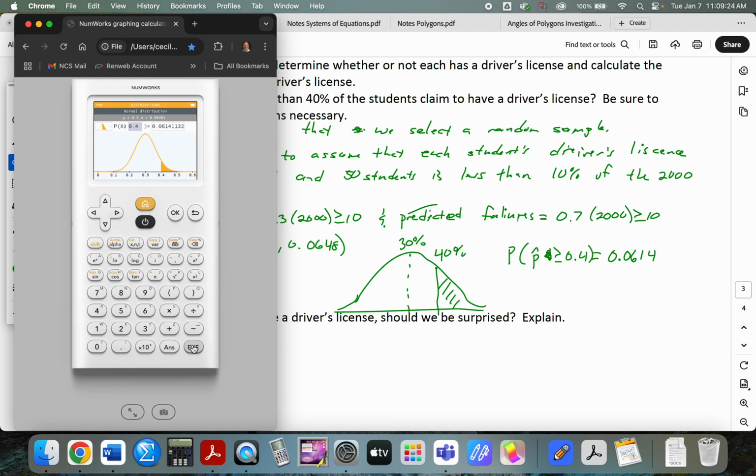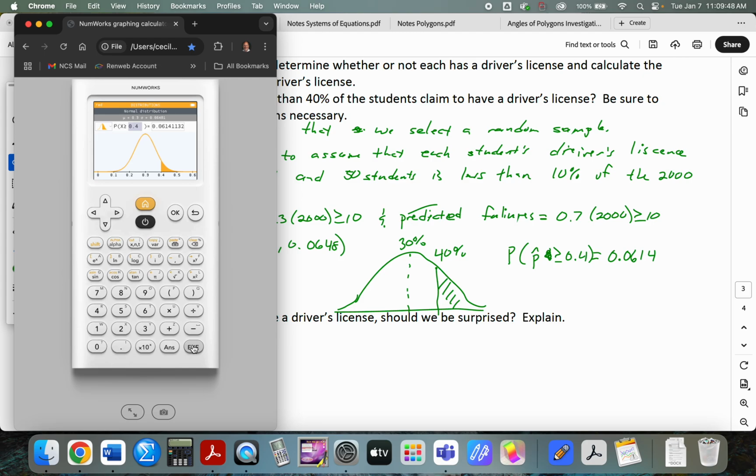And they are both percentages, so it can be a little confusing. Once you get the hang of it, it's not too bad. So it's not very likely that if the true proportion is 30%, we would get 40% of them.